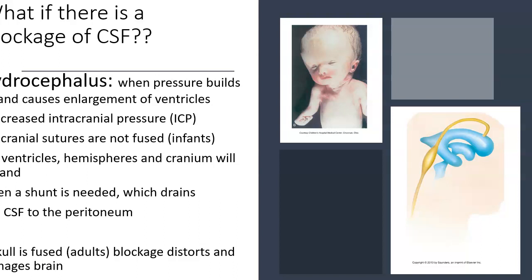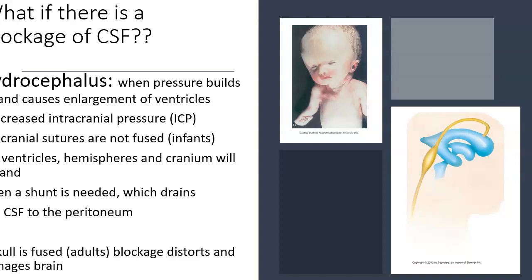We also have problems when the cerebrospinal fluid is blocked. So we can see hydrocephalus when the pressure from the cerebrospinal fluid builds up and causes an enlargement of the ventricles of the brain. We see increased intracranial pressure.